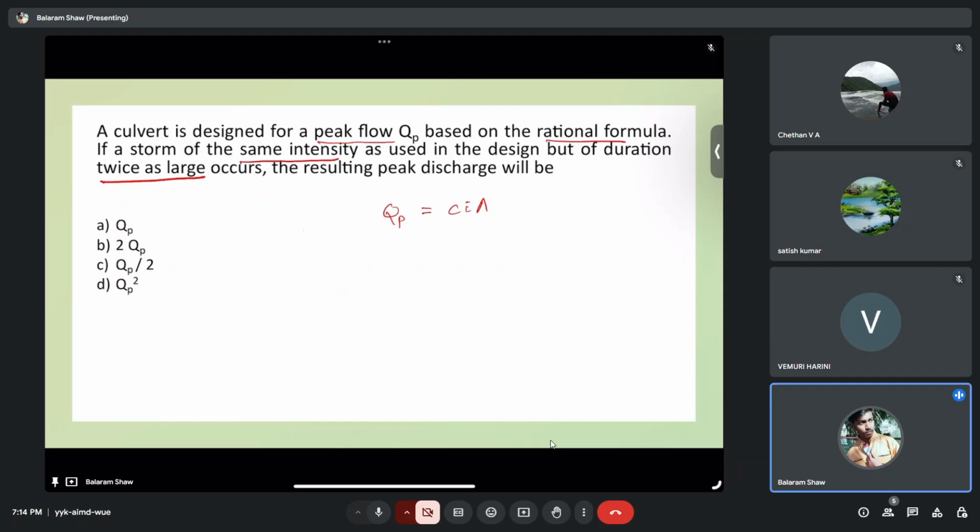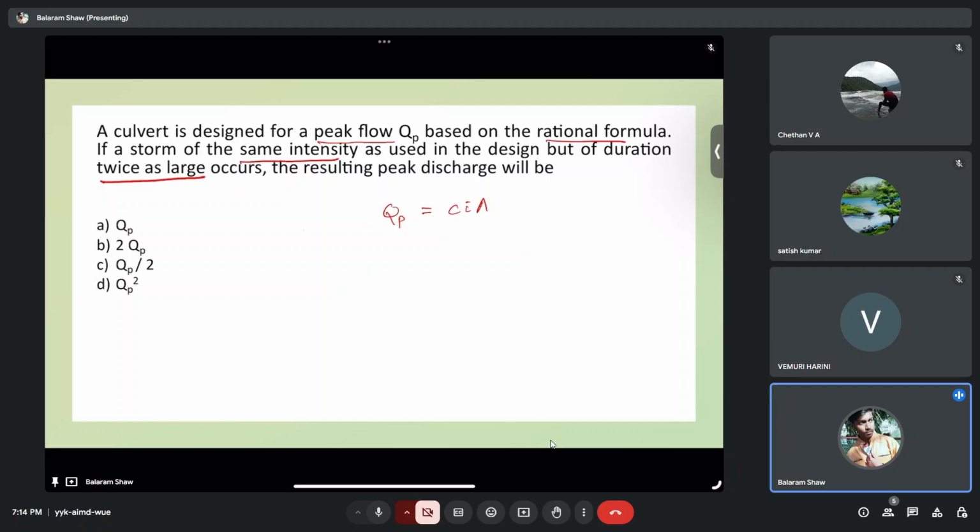So as it does not depend on the duration, if the intensity is the same, then if we write QP2, it will become CIA itself, right? So the correct answer will remain the same, that is QP only. Okay, any questions here? Okay, we'll move to the next question then.